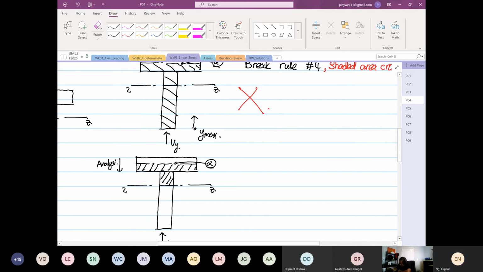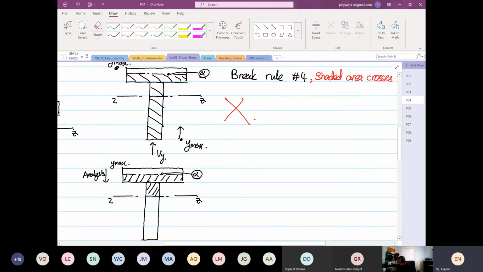But when you shade the area, are you starting from Y max? Are you starting from Y max when you shade the area like that? The answer is no. You are not going through Y max yet.